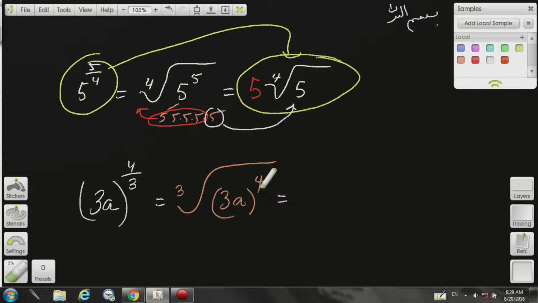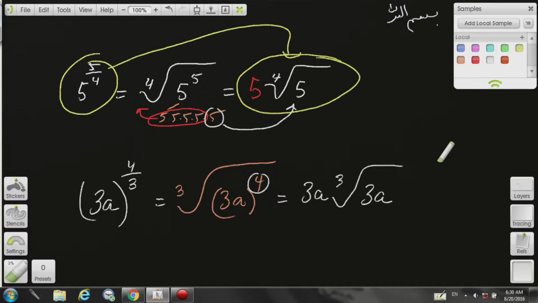So this means there are 4 of these, right? So I can take 3 of them out. So that's 3a. That's 4 of these. So I can take one of them out and there'll be 1 remaining inside. That's easy enough. Correct?